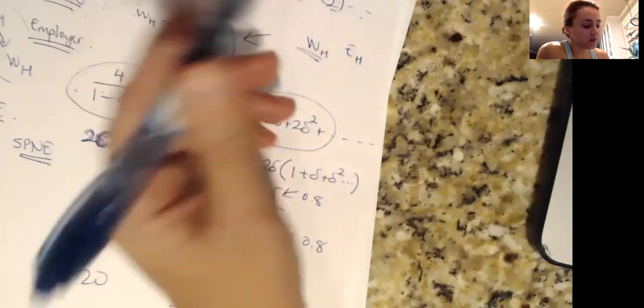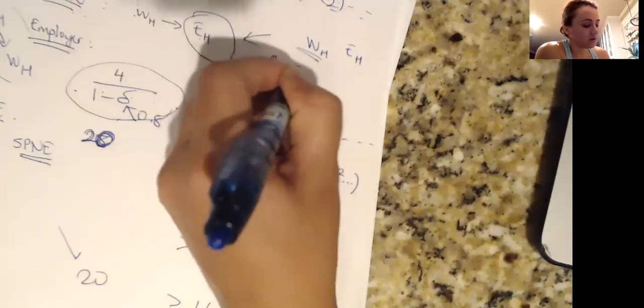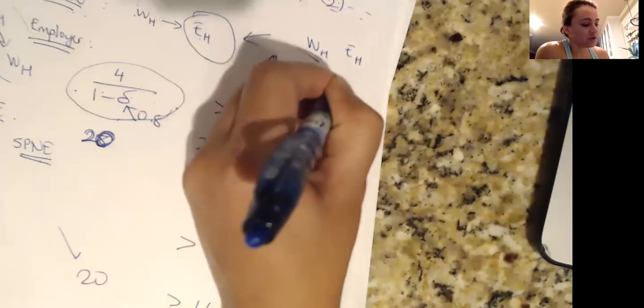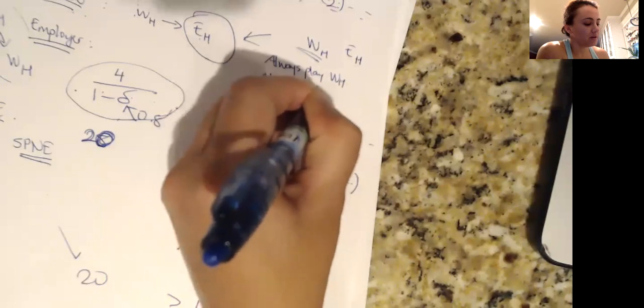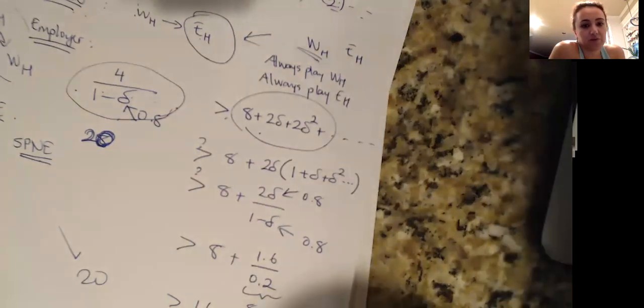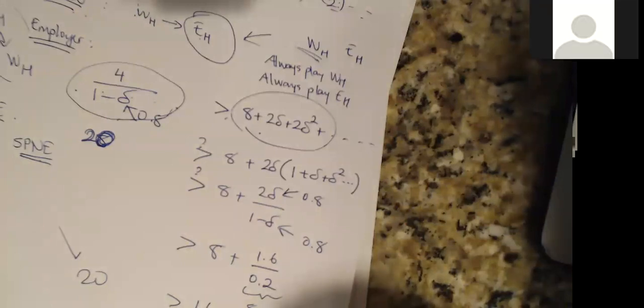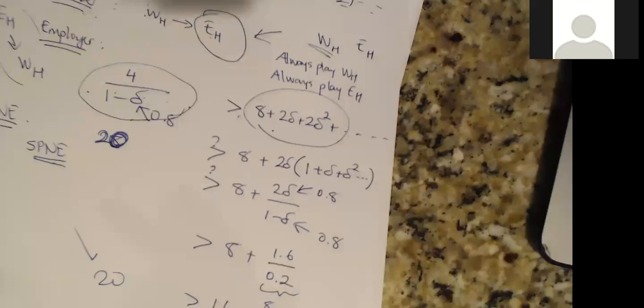If you are asking, for example, why always play WH and always play EH is not a subgame perfect Nash equilibrium, is this what you are asking? Oh no, I was just getting confused about what exactly Grim means. But I understand that Grim refers to the idea that if the game is played infinitely, then they would both not cheat.